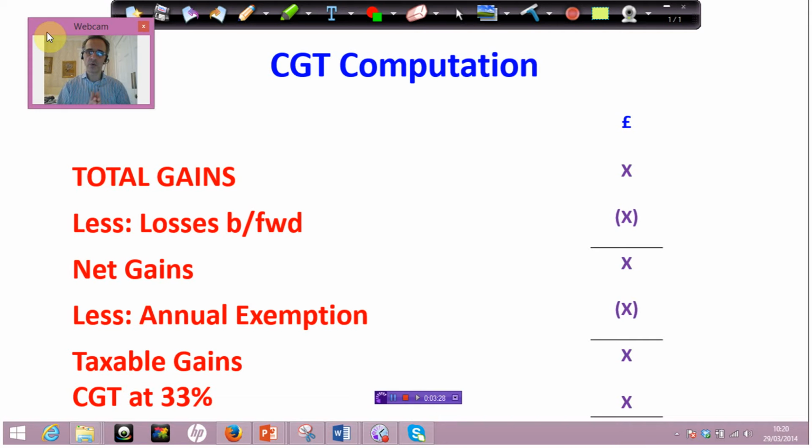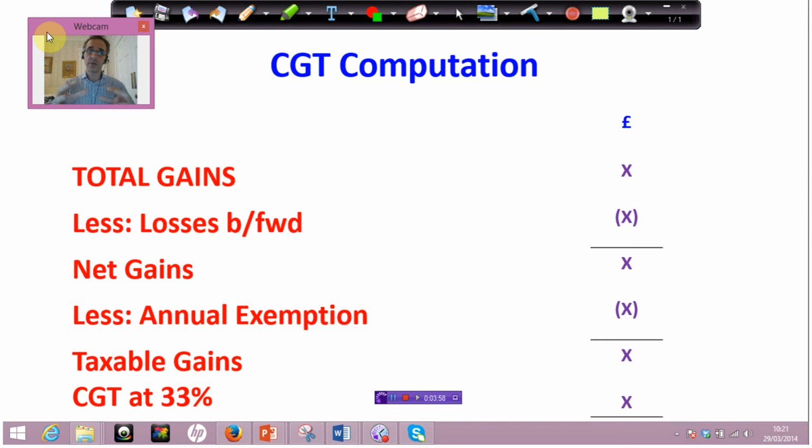Now, one word of caution here is just in the area of losses. We've said that we might have a question with 4 or 5 or 6 different disposals. Those may elicit a gain, but they also may elicit a loss. So for our current year situation, in other words, we're dealing with FA 2013, we're looking at disposals between the 1st of January and the 31st of December, and really any disposals, whether or not they elicit a gain or a loss.